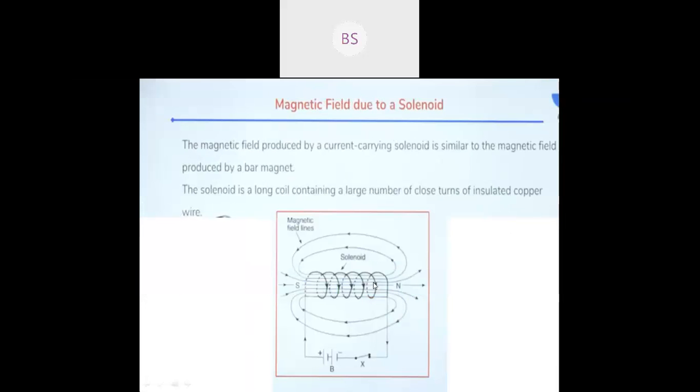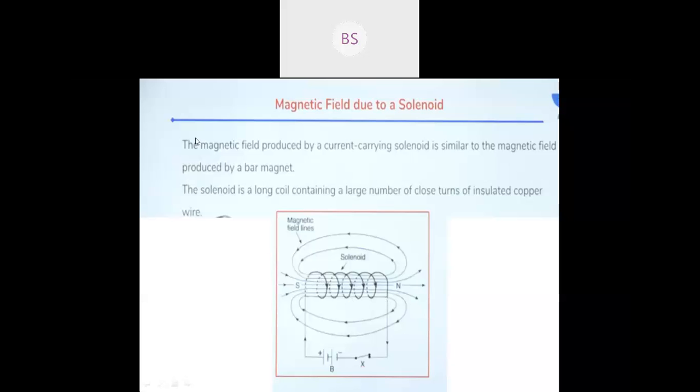When we bring a magnet near this heater type coil, we connect a battery here, and current flows in it. Even without the battery, if you connect a wire here and take a compass near the solenoid, you can see the magnetic deflection in the compass.